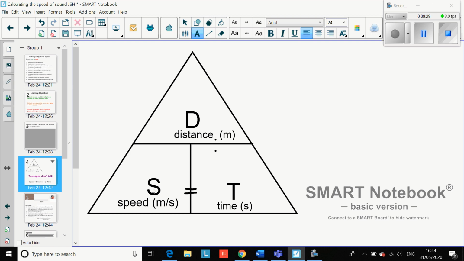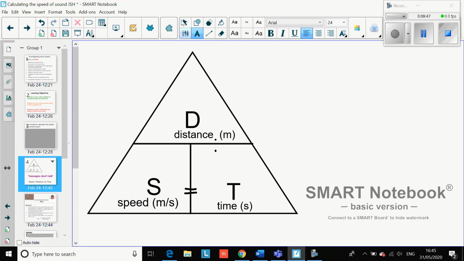However, sometimes they might ask you something different. This is how the three are linked. Distance divided by time gives you speed. What if they gave you the speed and the time? How would you work out the distance?